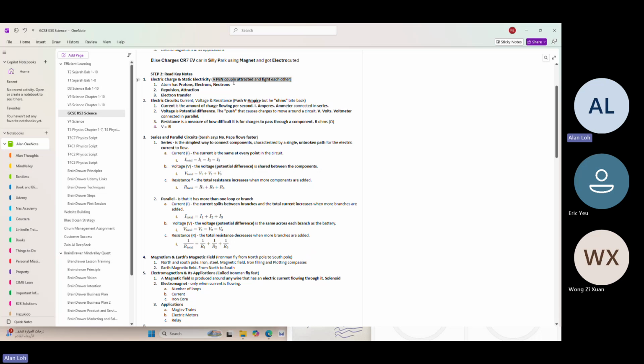So this is the story. You have this pen. So obviously you have one pen, let's color it as blue, another pen, color it as pink. So you have a blue pen, you have a pink pen.